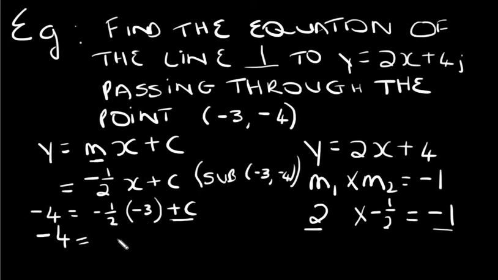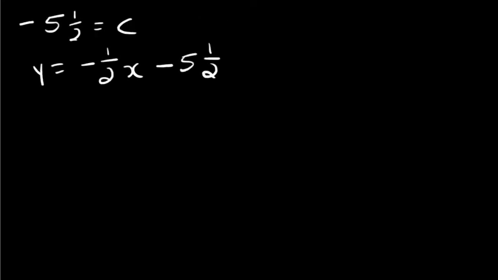Negative a half times negative 3 is positive 3 over 2. And don't forget, when we take the positive 3 over 2 over, it will become negative. So we find that c is equal to negative 5.5, and y is equal to negative a half x minus 5.5.